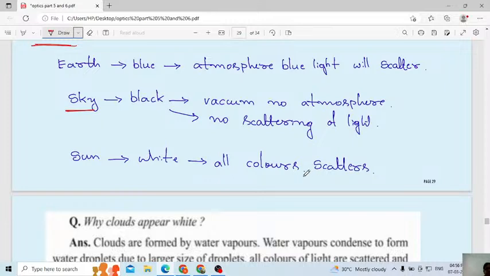All colors will scatter equally. From astronauts, the sun will appear white. Why? Because all the colors equally get scattered, that's why it will appear white.